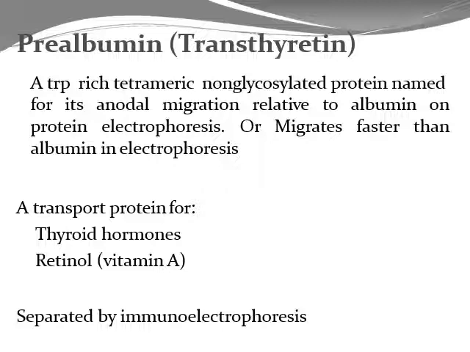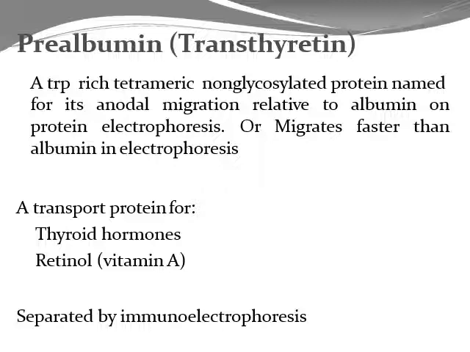Please do remember it also has another name called transthyretin. So mainly what is it? It's basically rich in the amino acid TRP. If you know what TRP is, you can guess it. Among the 20 amino acids that we have learned, TRP stands for tryptophan.